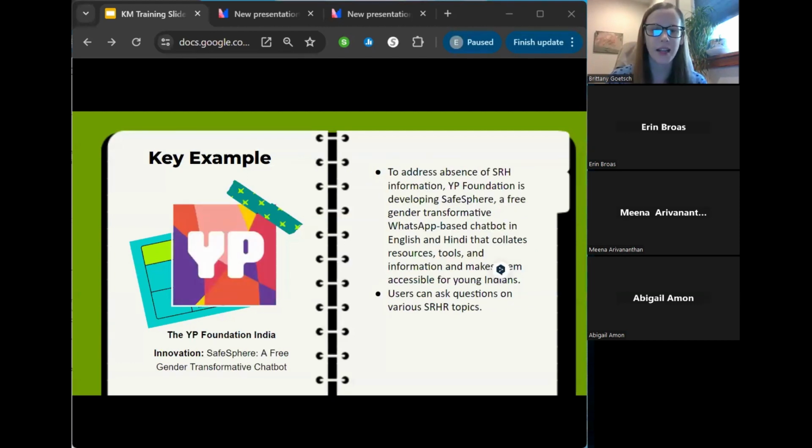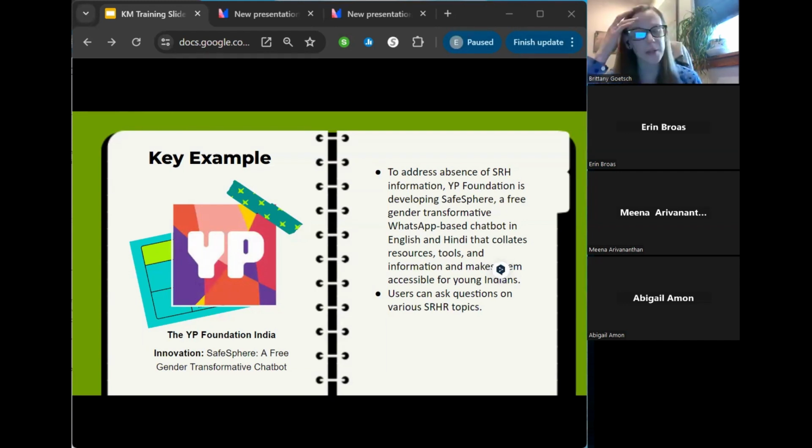So our next example is from the YP Foundation in India, and their innovation is called Safe Sphere. It's a free gender transformative chatbot.